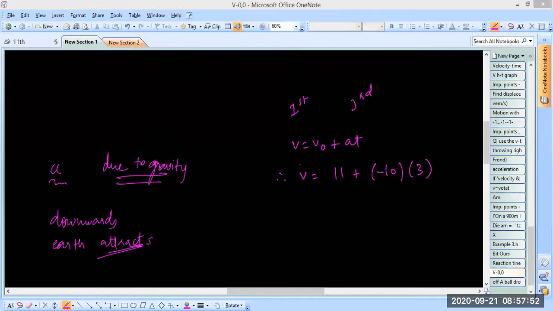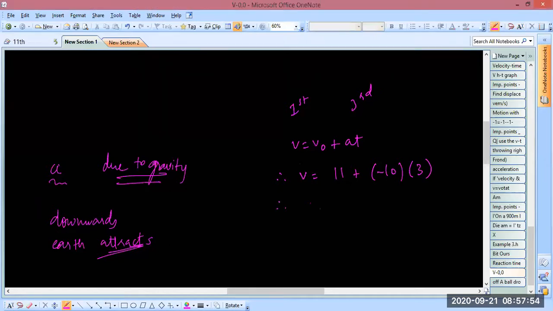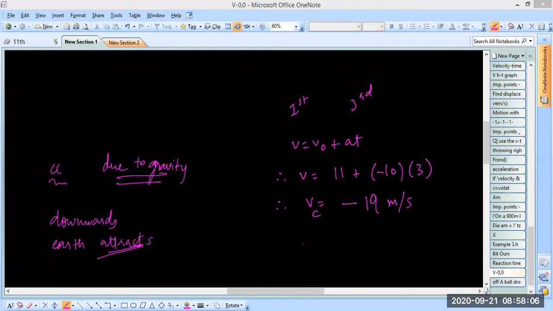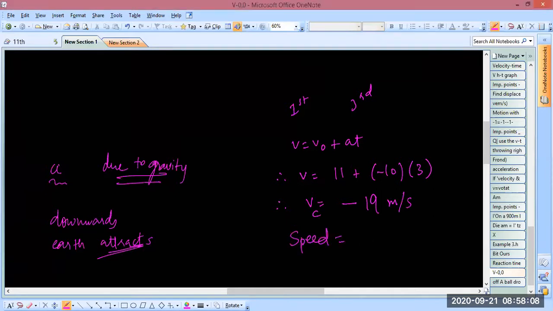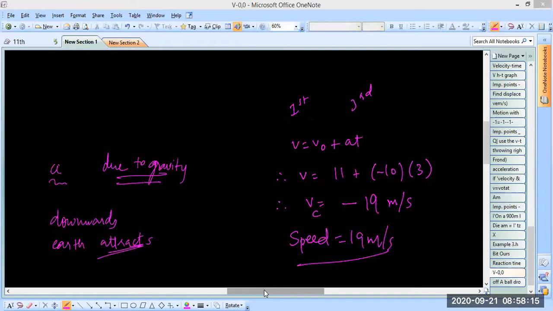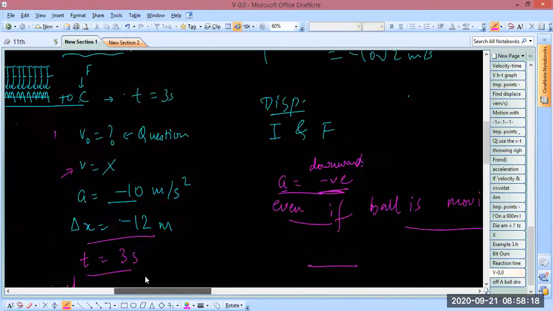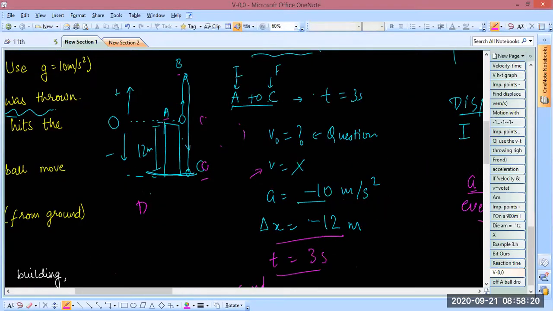So the final velocity at the point C is minus 19 meter per second. This is velocity once again. The answer of this question is speed, which is 19 meter per second. So I hope you realize that so much depends on the diagram. If you get the diagram and these basics correct, then nothing can stop you from getting the correct answer.